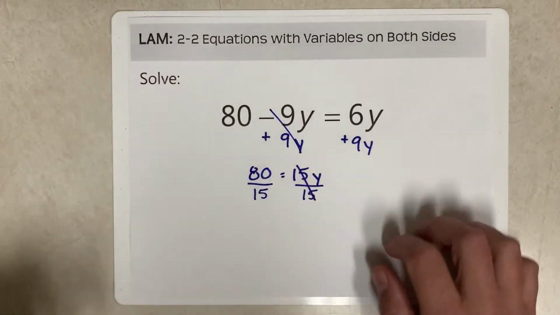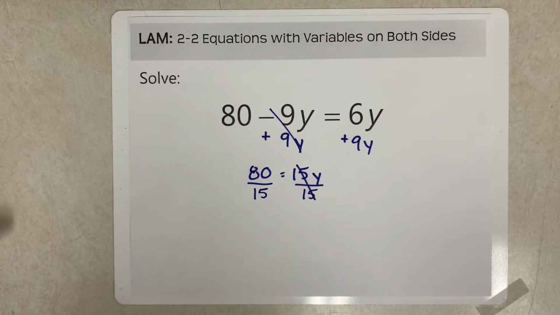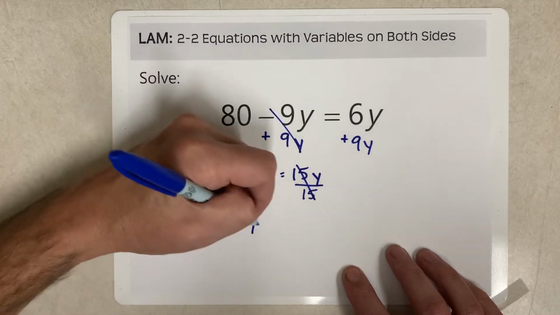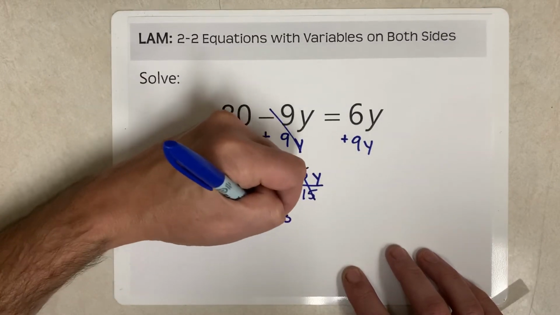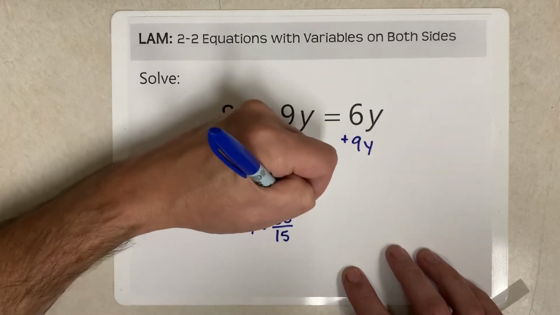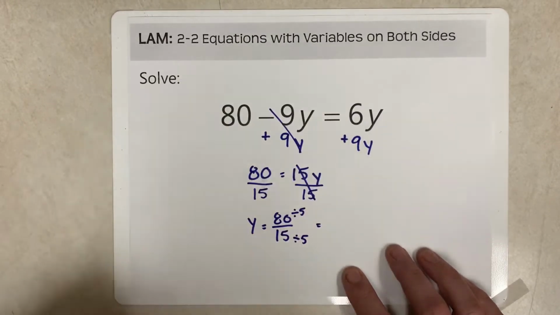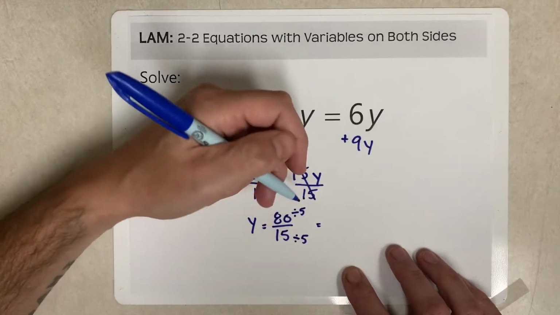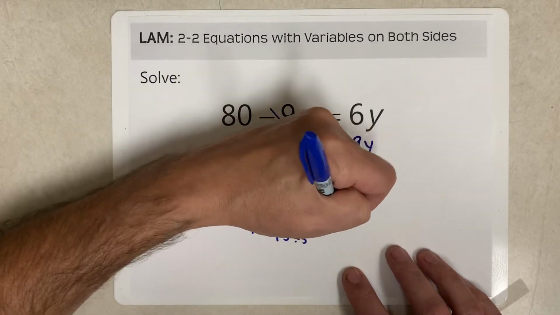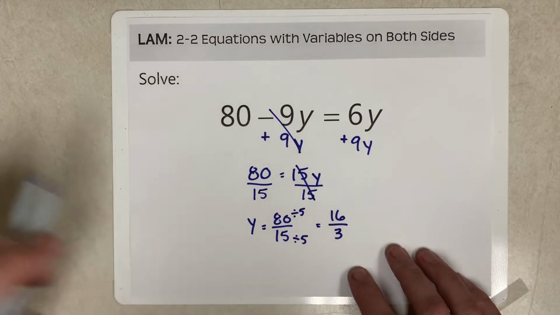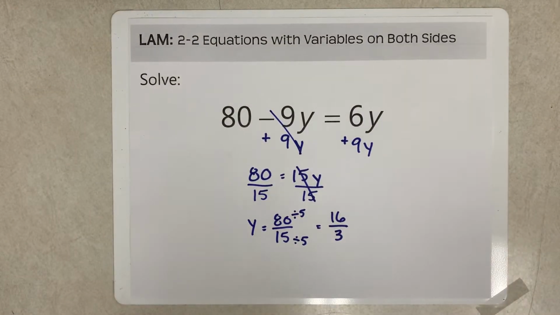I need to know what 80 divided by 5 is. So y is equal to 80 over 15. I'm going to divide by 5 on both of them. 80 divided by 5 is 16. And 15 divided by 5 is 3. And so 16/3 would be my final answer for that one.